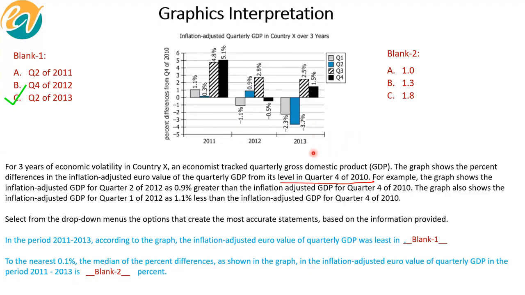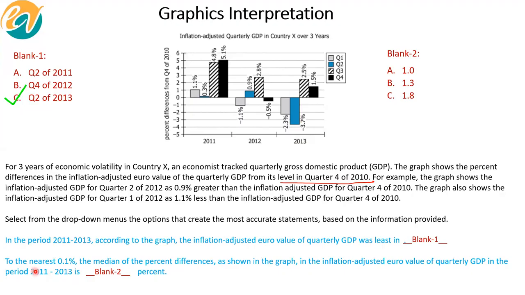Minus 3.7%. There is no value in this entire graph lesser than this, right? So in Q2 of 2013, the GDP was 3.7% lesser than the GDP in Q4 of 2010. No value in this graph is obviously lesser than minus 3.7%. So as simple as this, okay?